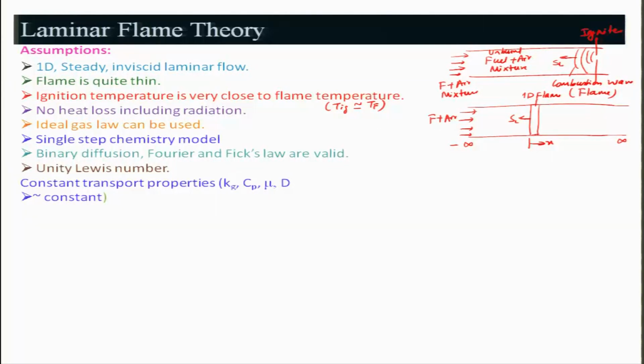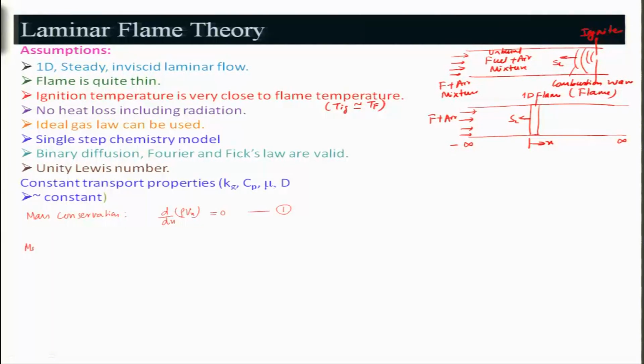So, let us consider the mass conservation. The mass conservation equation for the one dimensional steady flow would be nothing but d by dx of rho Vx, if I say in the x direction only, is equal to 0, and let us say this is equation 1.